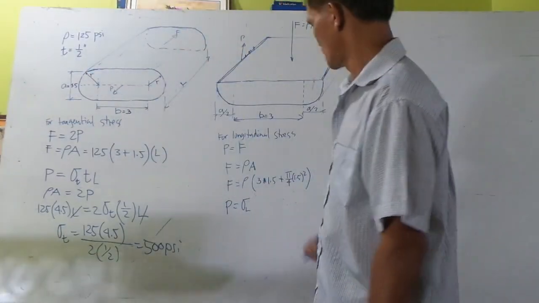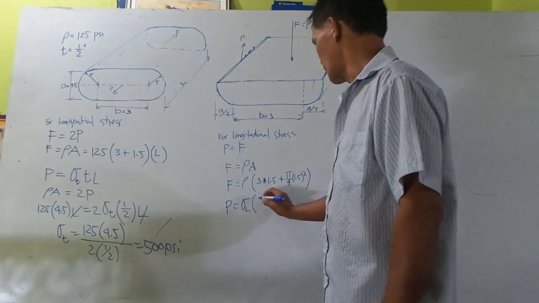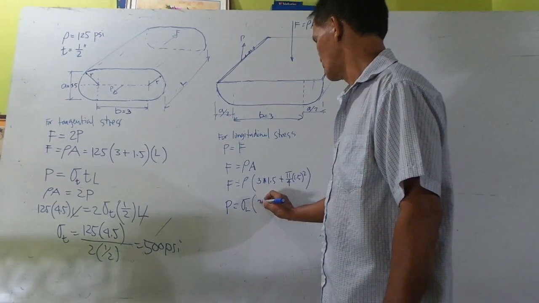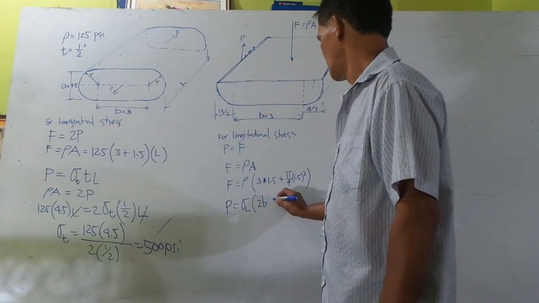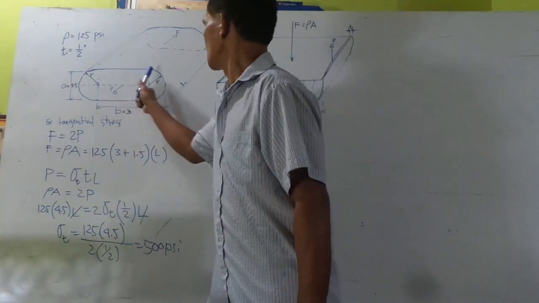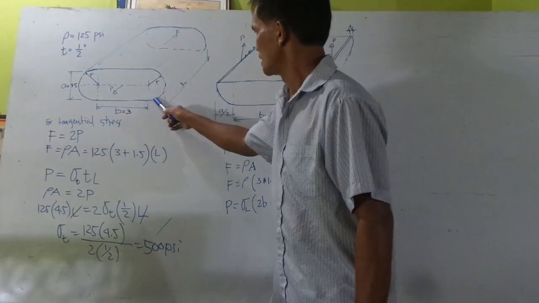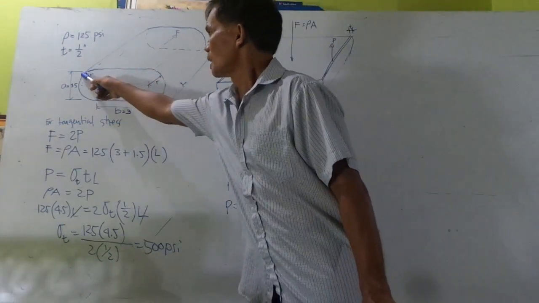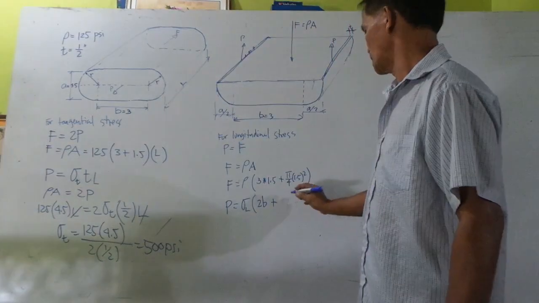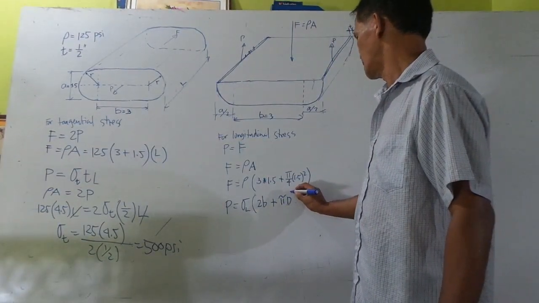So it is just equal to 2 times 3, that is 2B, plus the circumference of the two halves, which is pi times d.